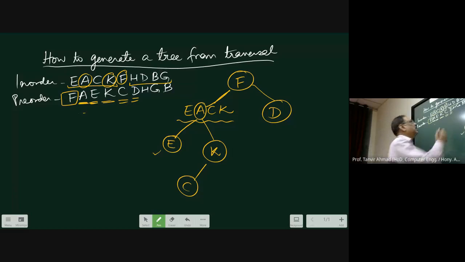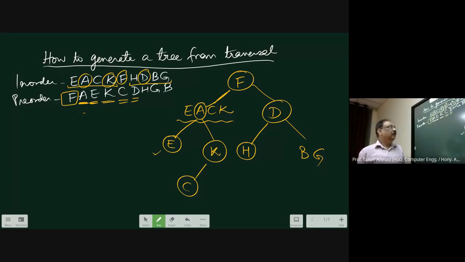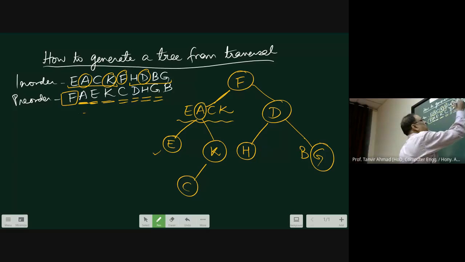And you check D's here, it will come this side and B, G will come this side. Now you check here, it is covered, G is the root. Therefore, here G will become the root. Now G has become the root, and here B is the left of G. Therefore, B will come here.